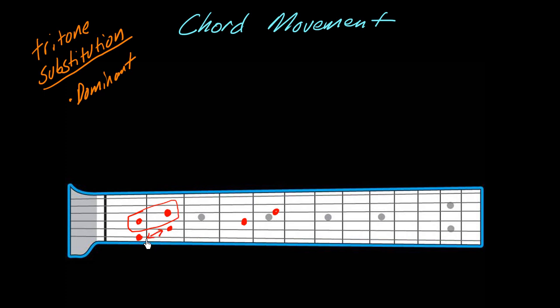And this relationship is what a tritone is. A tritone is basically a flat 5th interval or distance away. Okay? So on the fretboard, this is what that looks like.